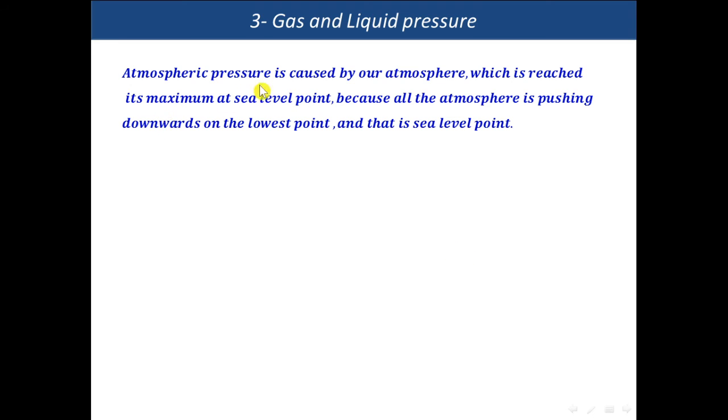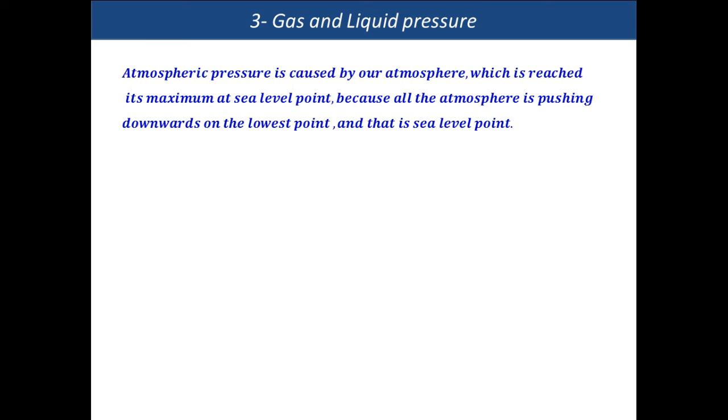Okay, atmospheric pressure. Let us speak about atmospheric pressure. It is caused by our atmosphere, and it reaches its maximum at sea level, because all the atmosphere is pushing. When you are standing on Earth, this is our normal life. We are standing really at sea level, for example. All the pressure of the atmosphere above you will push you. So you are at the highest point of atmospheric pressure when you are at sea level.